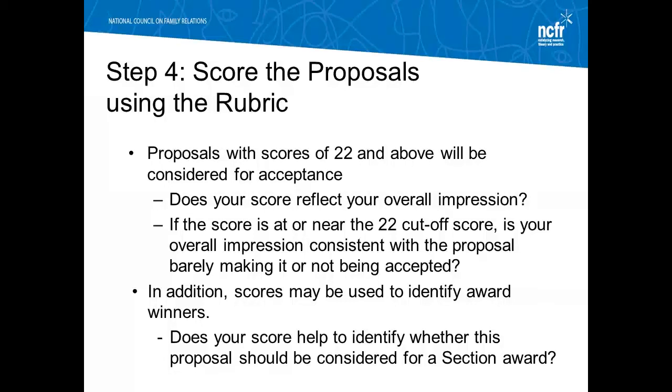Something else to remember is that scores may be used by the section to help identify award winners. So think about the score that you have provided for the proposal, and does it really reflect or identify whether this proposal should be considered for a section award? Most of those awards go to proposals that are in the very high 20s or maybe those very rare proposals that receive a score of 30.